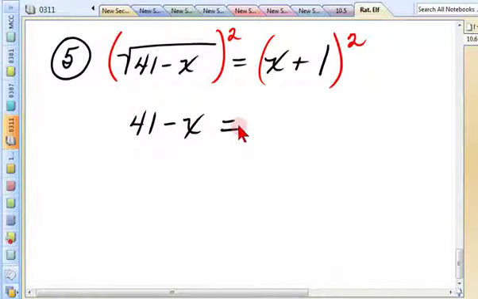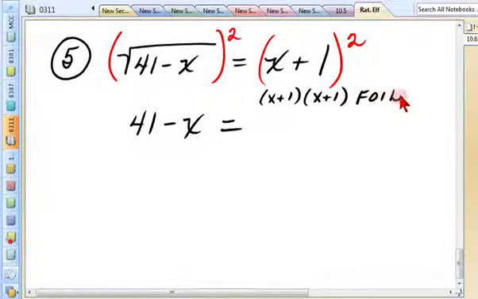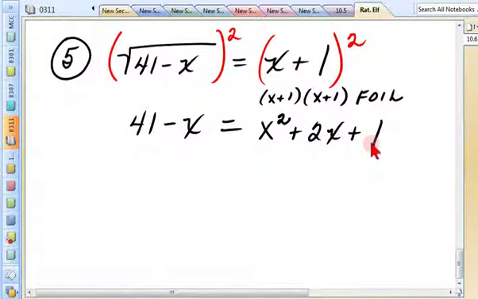When I square the right side, this is the first time we've had one like this. The right side is a binomial. You can either remember the squaring process, or you can do that's x plus 1 times x plus 1 and use FOIL. Either way, do what is safe for you, that you will get the right answer. You're going to end up with x squared plus 2x plus 1.